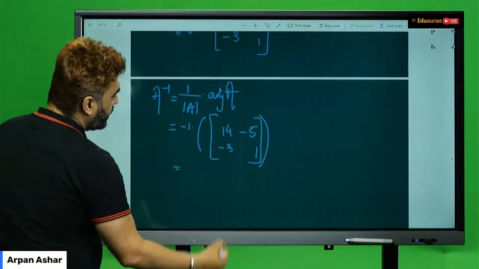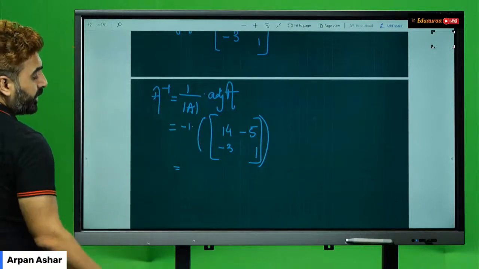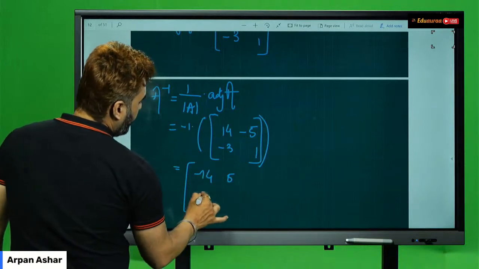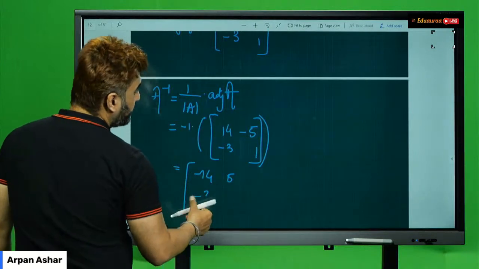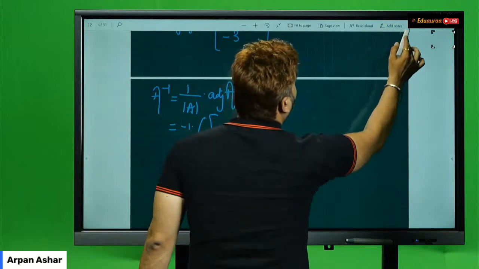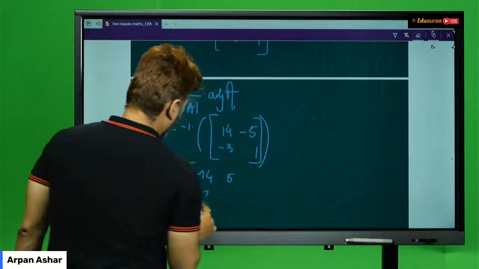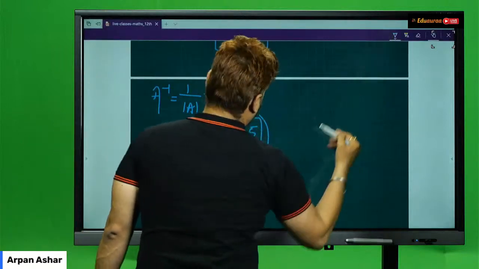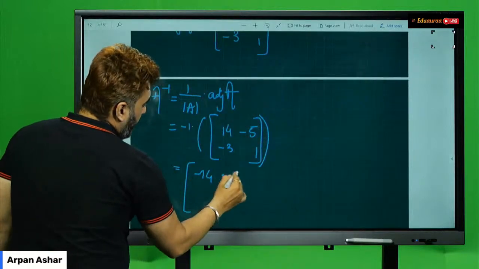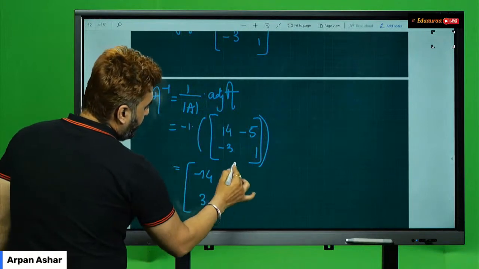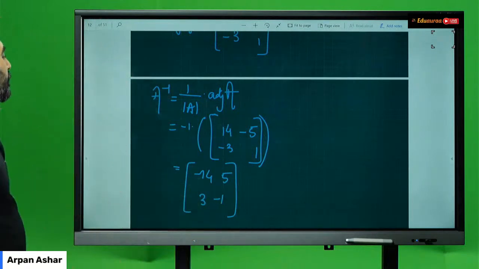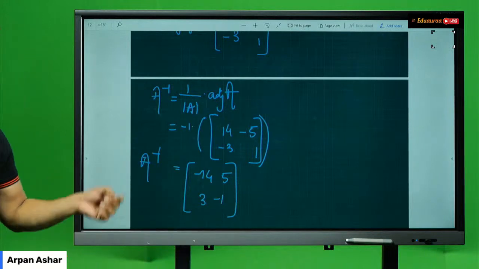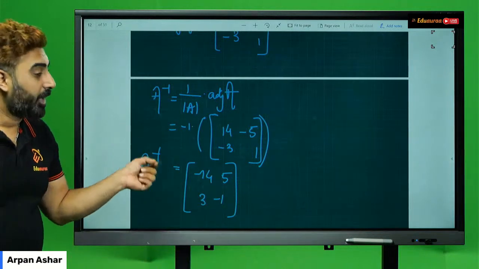So from this the inverse of a matrix will be -14, 5, -3 and -1, and this is how we find inverse of a given matrix using adjoint method.